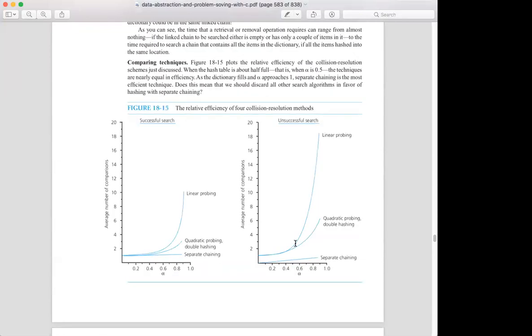Okay, here is a graph, the relative efficiency of 4 collision resolution methods. And as you can see, we're sort of doing them in order of how efficient they are, right? Linear probing is up here, quadratic probing is here, separate chaining, which is what we're about to talk about, much more efficient in general.